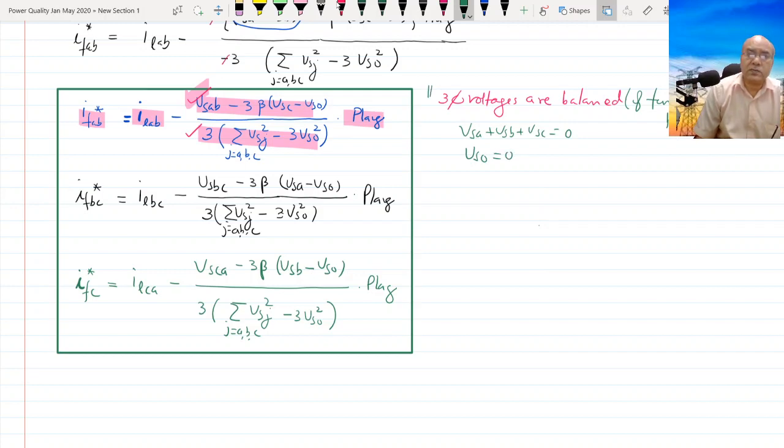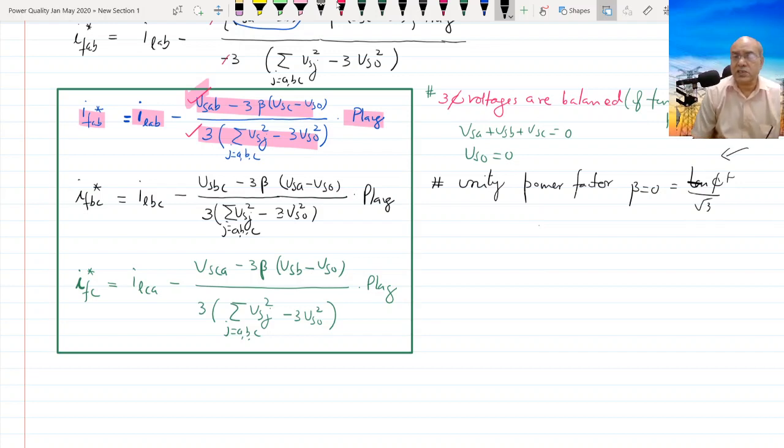This is the first condition. The second condition, we can say we want to compensate for unity power factor. That means beta equal to 0, because beta is nothing but tan phi plus y root 3, and phi plus the desired phase angle between the positive sequence of phase A and current after compensation.